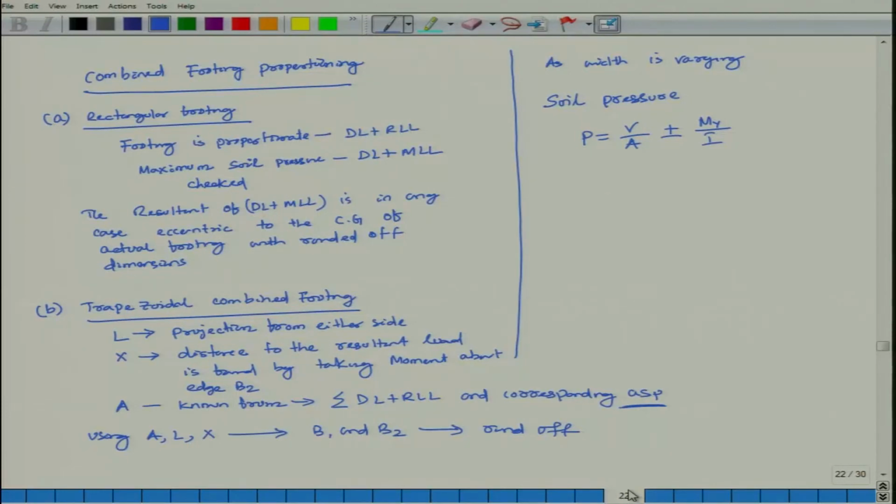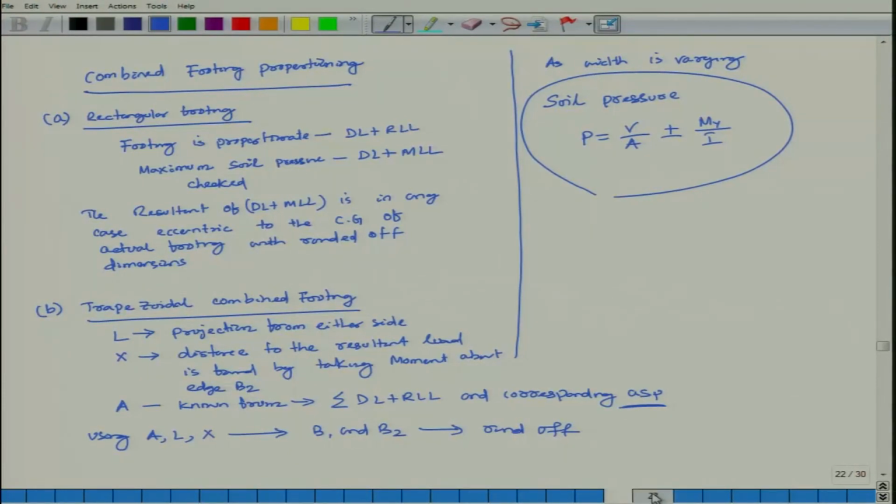Using A, L and X, find out B1 and B2, then round it off. Soil pressure can be calculated, P is equal to V by A plus minus My by I, where I is your moment of inertia and V is your total vertical force divided by your area.